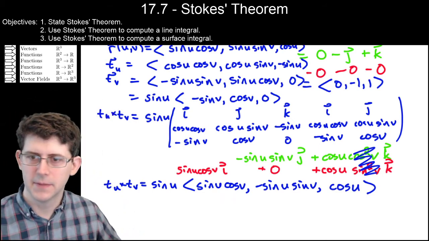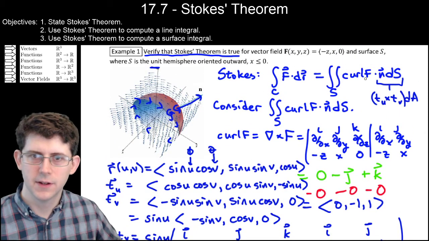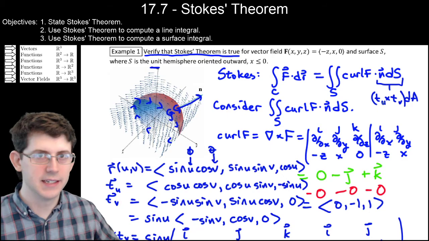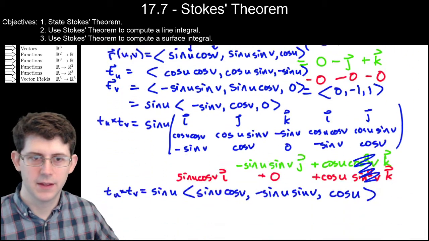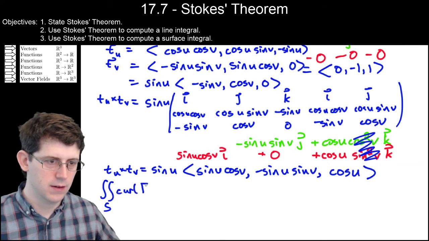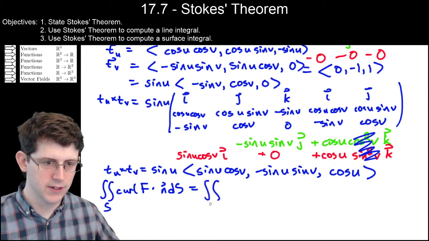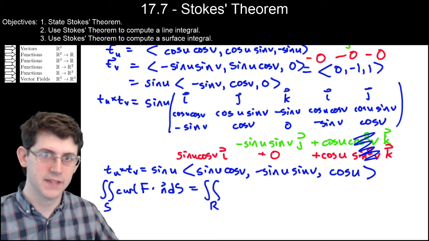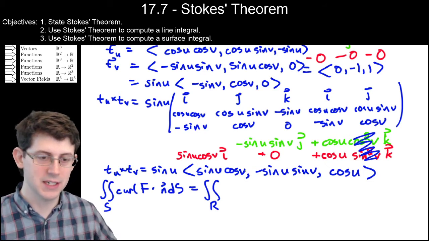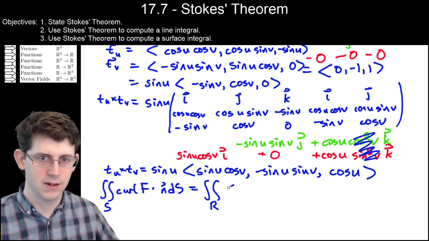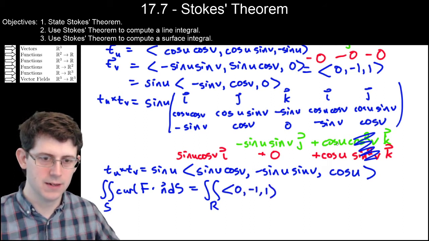Okay, seems good. So I have curl F is this vector. I have n dS is this stuff, so I can put it all together. Curl F dot n dS is the integral over the region R instead of the surface S. When we get the actual parameterization in here, we get to use our parameterization's bounds of u and v. Curl F was 0, minus 1, 1, which was right here.